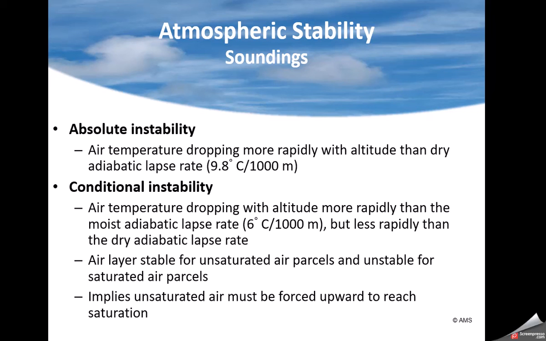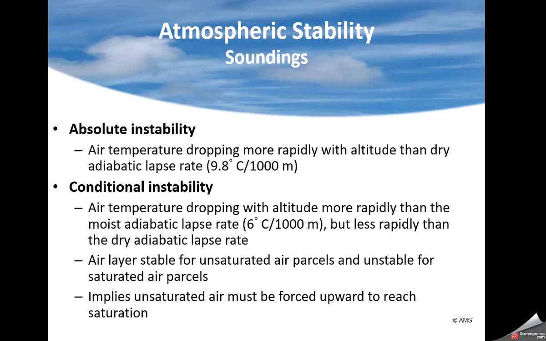Well, we talked also last time that conditional instability is temperatures only dropping about, the moist adiabatic lapse rate is about 6 degrees. So if I have an air that's cooling at 8 degrees Celsius per 1,000 meters, and I lift a parcel of dry air, that parcel of dry air is cooling at 9.8.